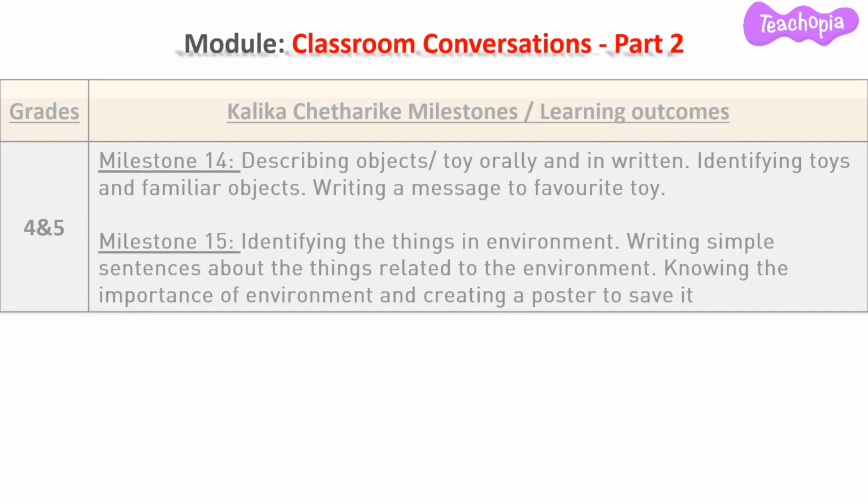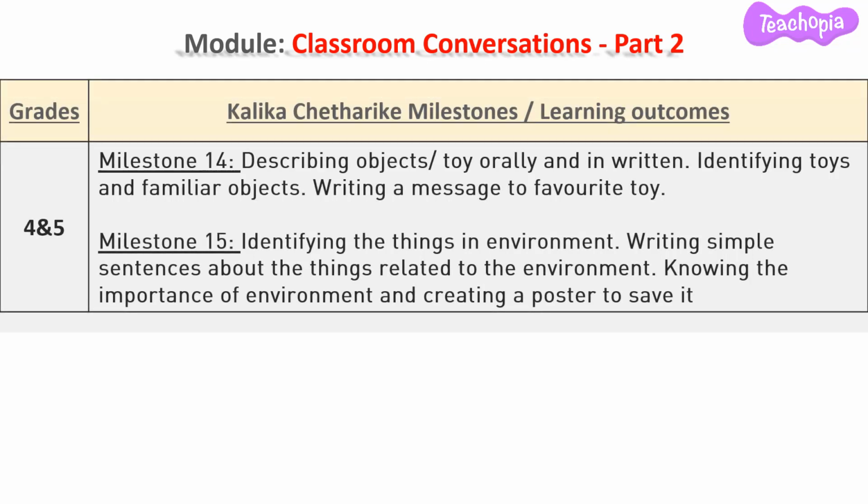So what are the milestones and learning outcomes we have in this module? In this module, we have looked at certain milestones and learning outcomes. There are particular topics we have picked from the milestones and learning outcomes of the upcoming month that we have dealt with using the topic of classroom conversations.